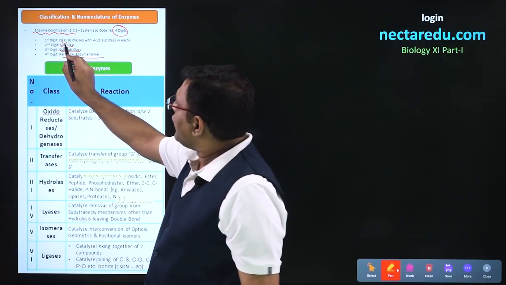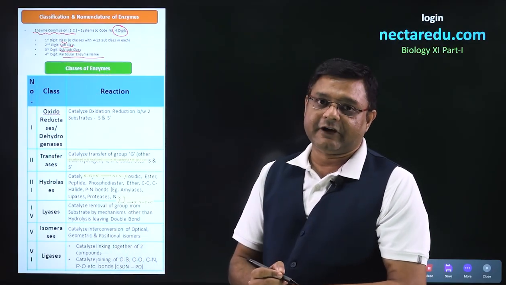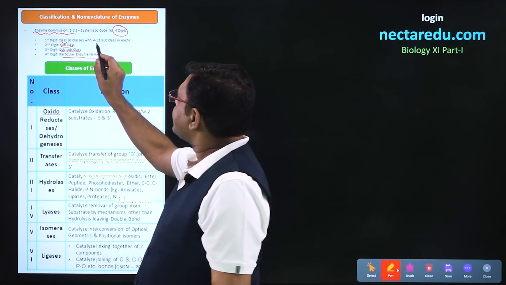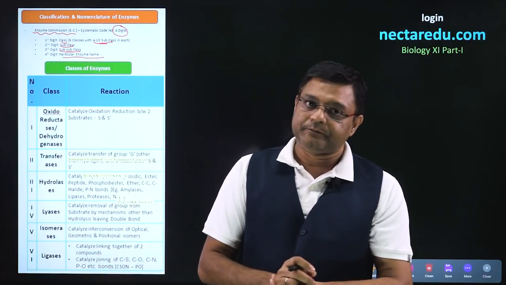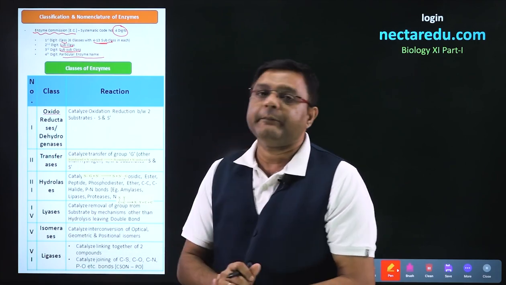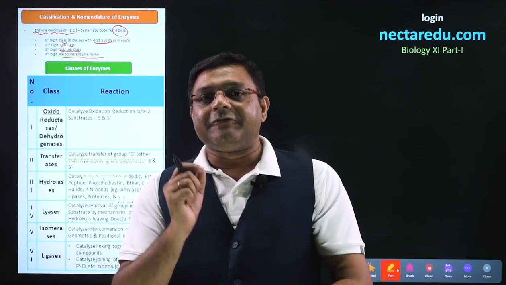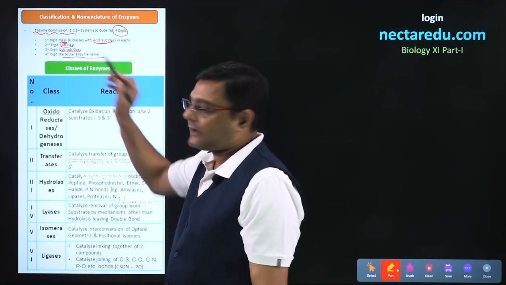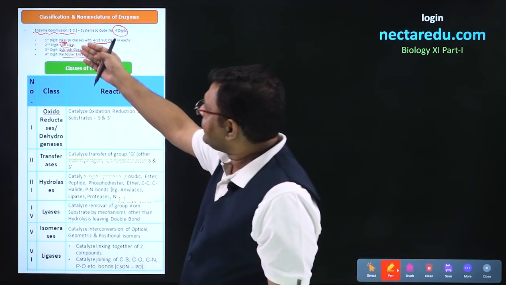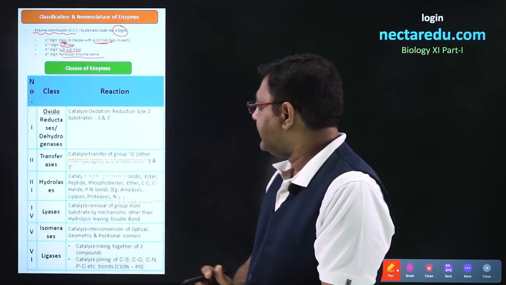Now, if we talk about the number of classes, there are 6 classes, and each class has 4 to 13 subclasses in it. So, this is the naming or nomenclature of enzymes. The first digit gives us the class of the enzyme, and the 6 classes are written here.